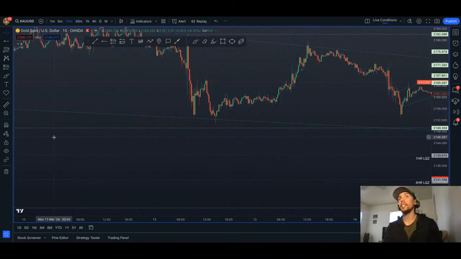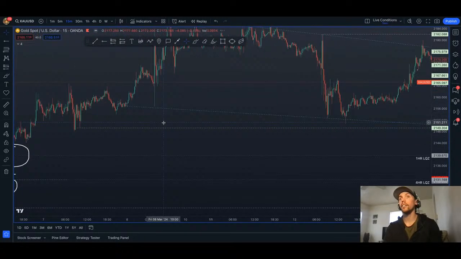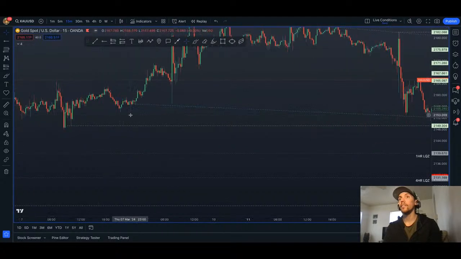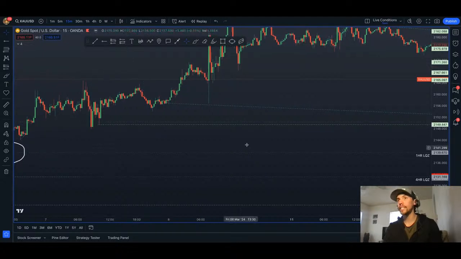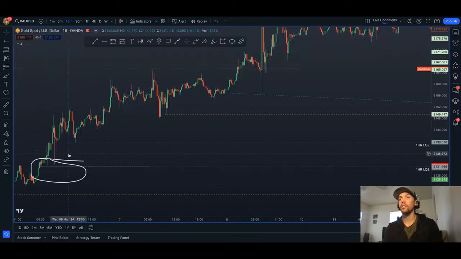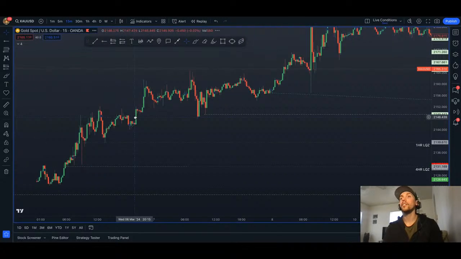We're going to go back over. There's our low right there. Boom. This was the new low that got formed. That's our target. Our next low that we're looking for is this area right here.